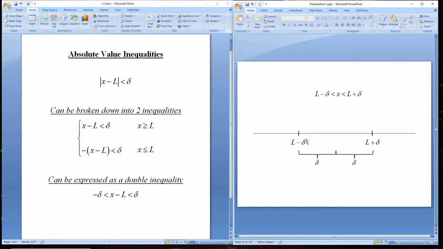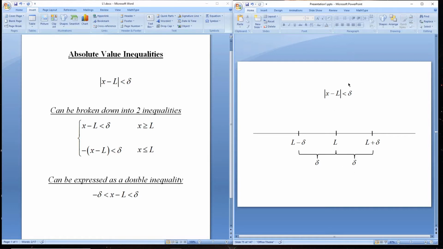And notice this interval has a length of 2 delta. So if we go delta from the right, then we'll be at L. And if we go another delta, we'll be at L plus delta. And this L that you're seeing is the center position of this interval.